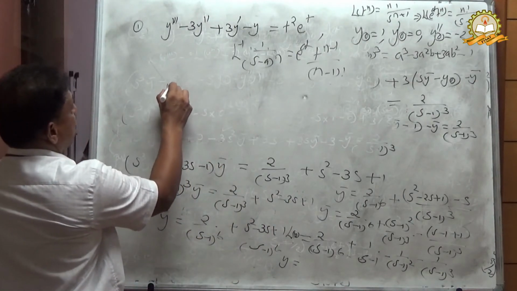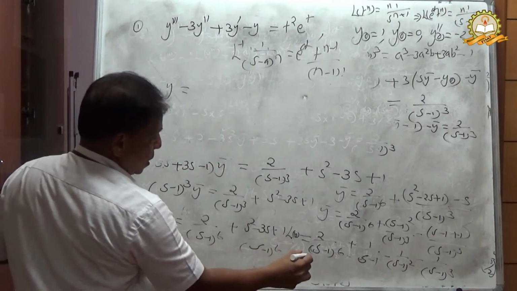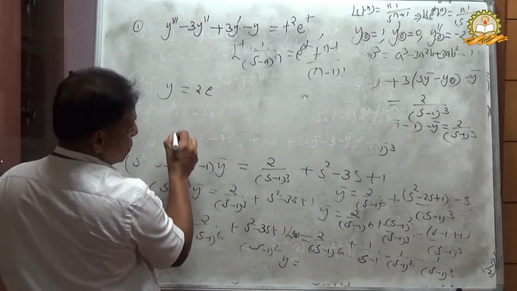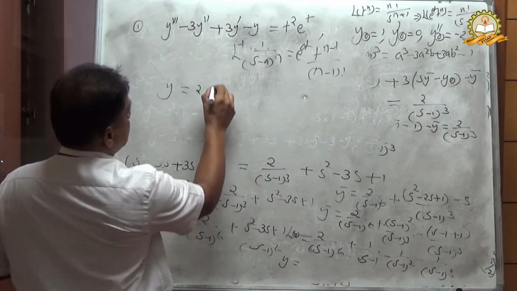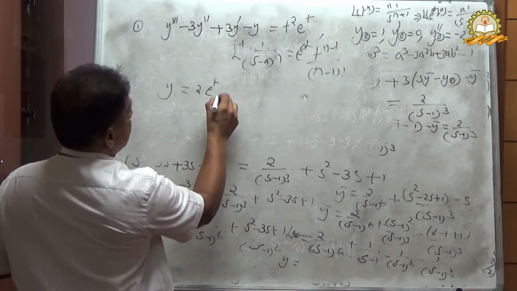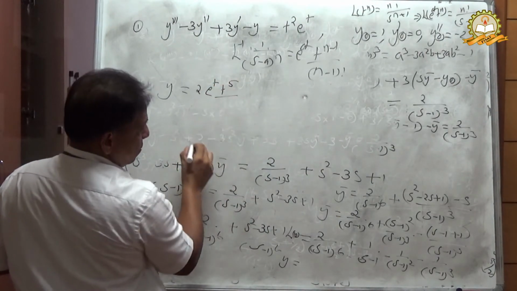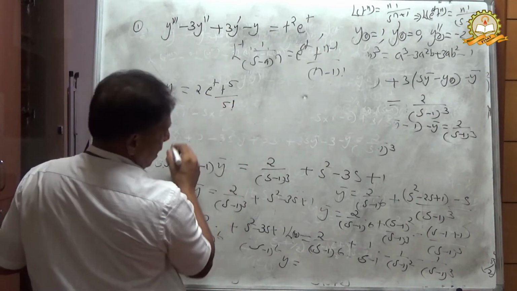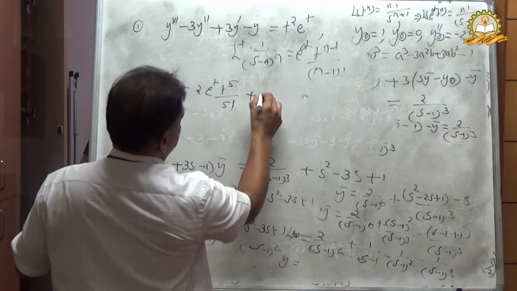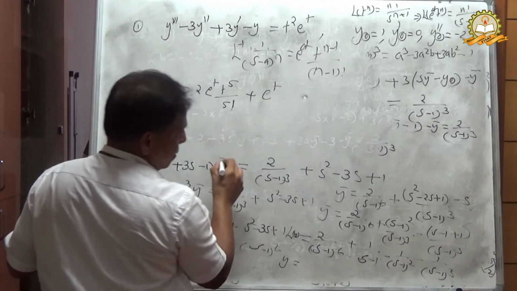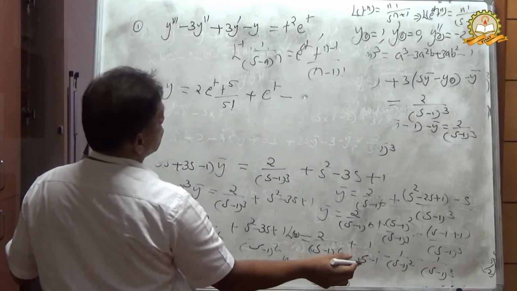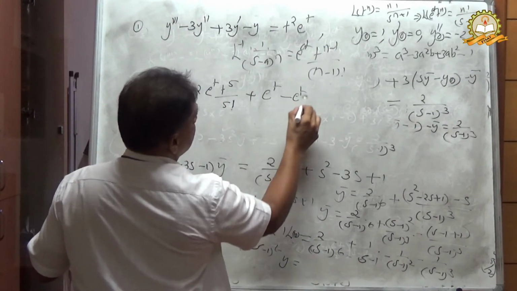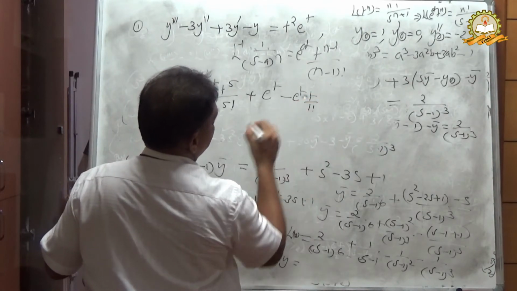By using this formula, y is equal to, for 2 by s minus 1 whole raised to 6, 2 into e raised to t into t raised to 5 divided by 5 factorial, the first term. Then plus 1 by s minus 1, which is e raised to t. Minus 1 by s minus 1 whole square is e raised to t into t divided by 1 factorial.